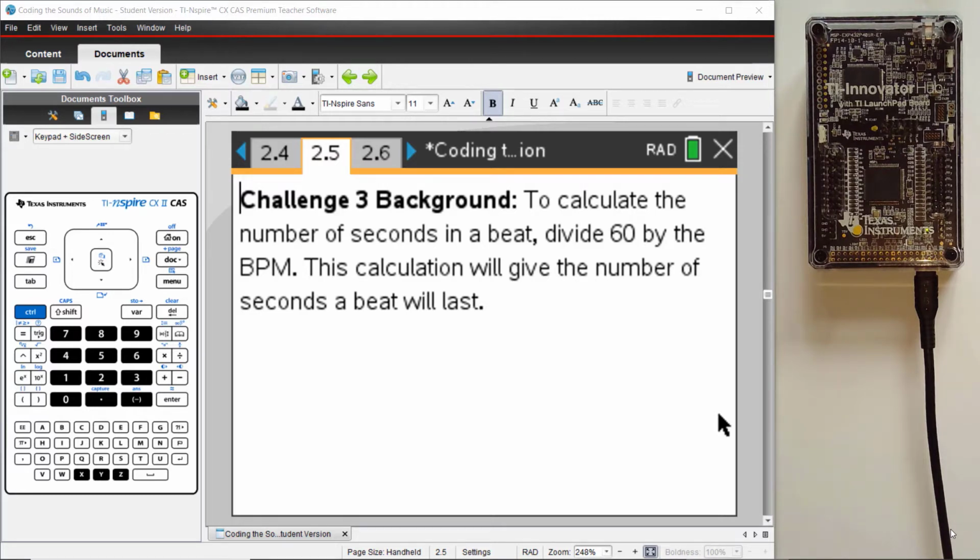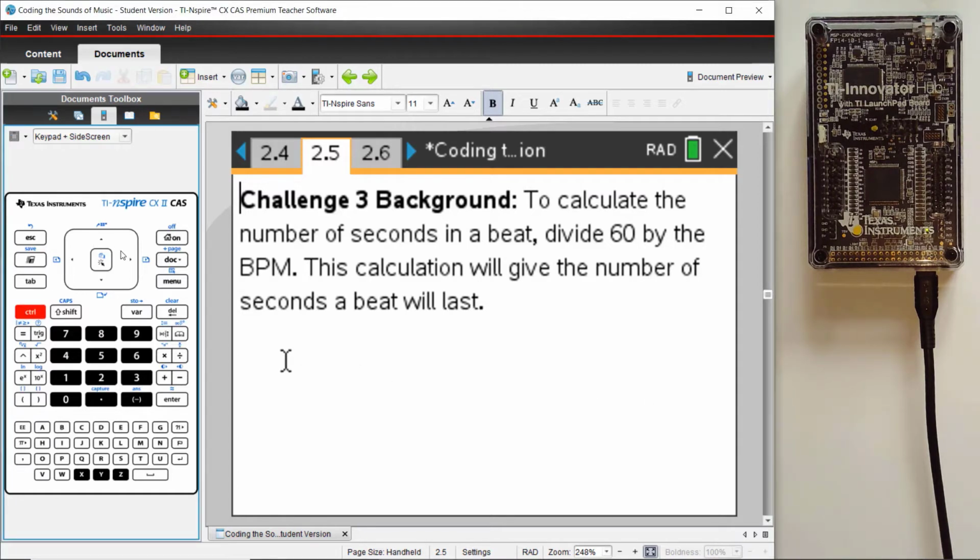The way that we do this is using a straightforward formula, 60 divided by the beats per minute. So 60 divided by the beats per minute will calculate how long one beat will last, or the period of the beat. Let's go to the next page and see an example of this.